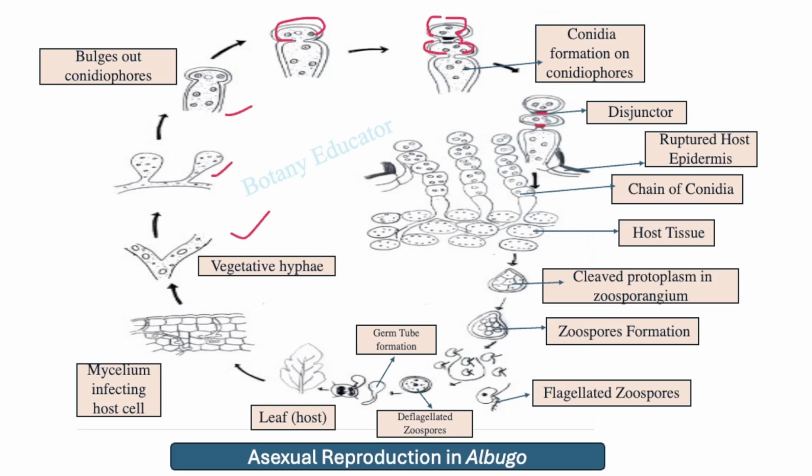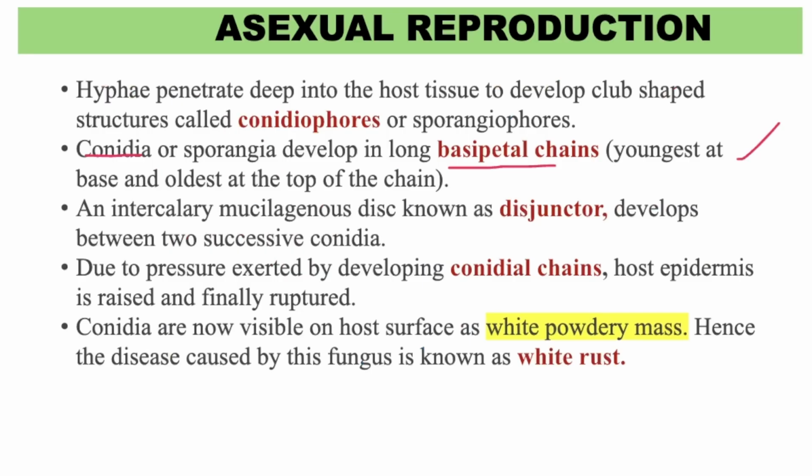Between the conidia, a structure is formed which is called disjunctor, right? This is a mucilaginous disc which is formed between the conidia. Now, on maturity, the host epidermis will be ruptured and these conidia will come out of the epidermis, right?